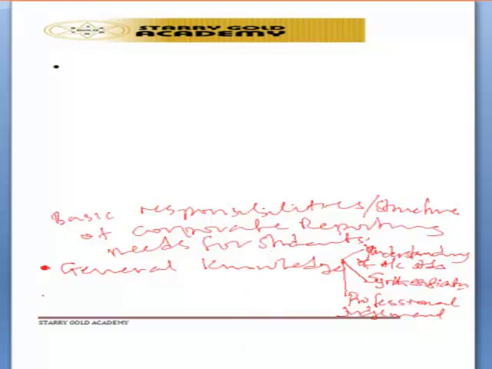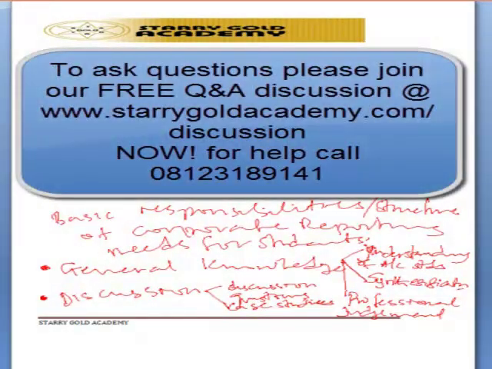Then another thing you must be able to bear in mind is what we call discussion. In corporate reporting, you are going to be faced with discursive questions, and your discursive questions will emanate from case studies. Basically, they are case studies, challenges being faced by entities in the corporate world.